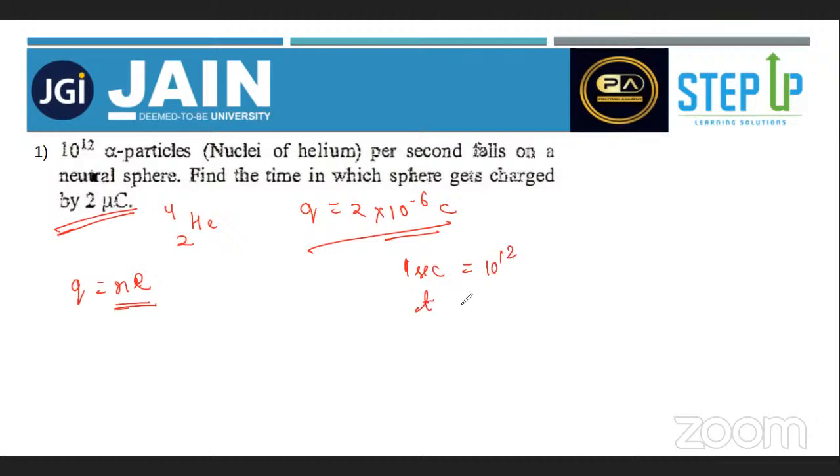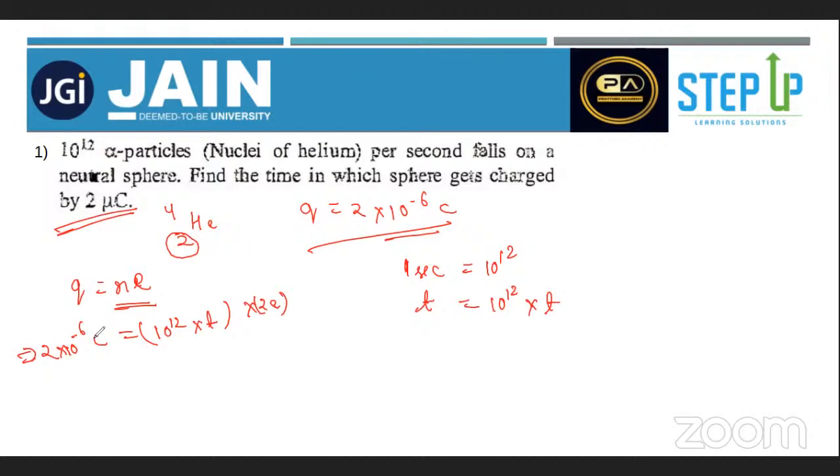Imagine for 10 seconds, it will become 10 raised to 12 times T, which will be the N value. Now for a helium atom, the charge here will become 2E, and the Q they have given is 2 into 10 raised to minus 6.